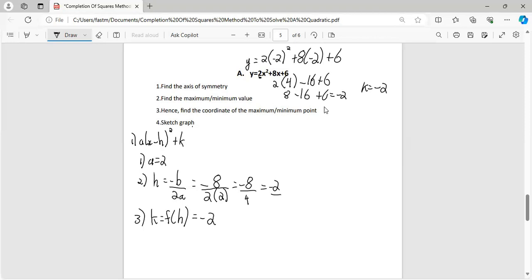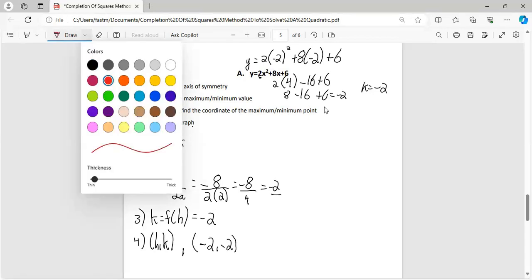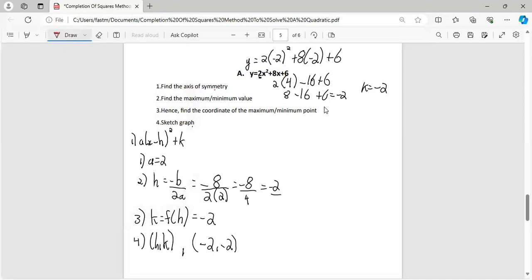Yeah, so therefore the coordinate of the turning point, or the maximum point, will be (h, k). So our h is minus 2 and our k is minus 2, right? Minus 2, minus 2. So now we can answer some of the questions that the graph had, right? But let's put it in the form.